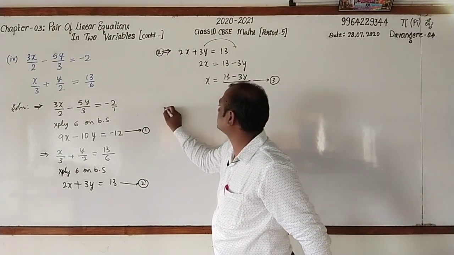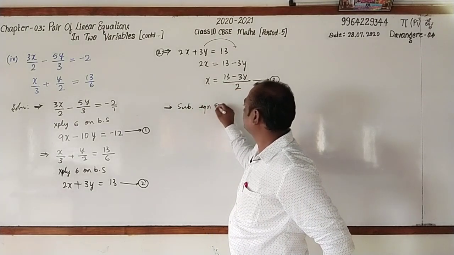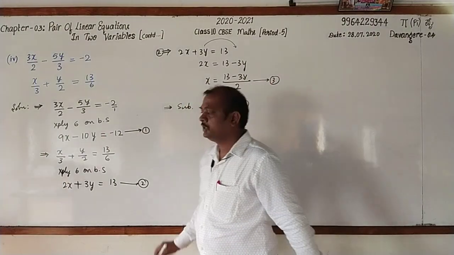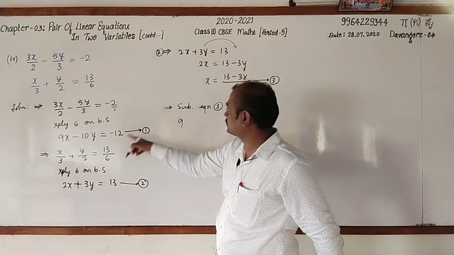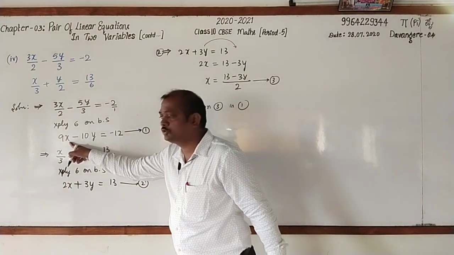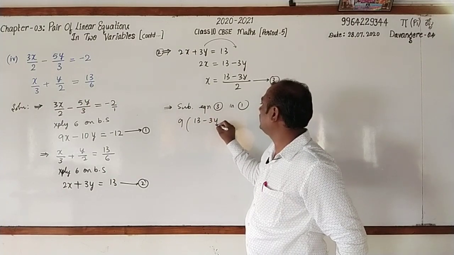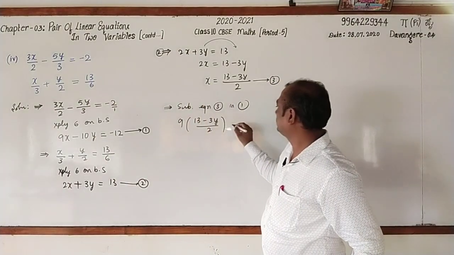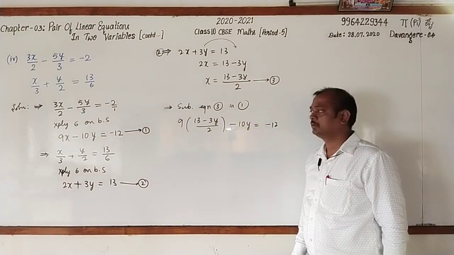Here I will write in the next step. Substitute equation 3 in equation 1. Equation 1 is 9x minus 10y equal to minus 12. 9 into x. What is x? It is 13 minus 3y by 2, minus 10y is equal to minus 12.